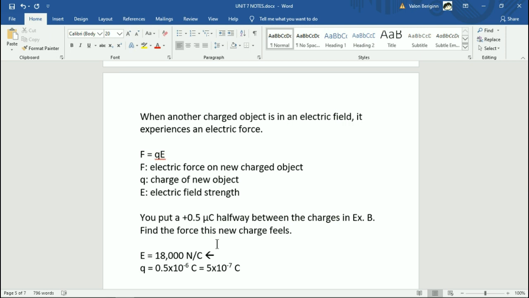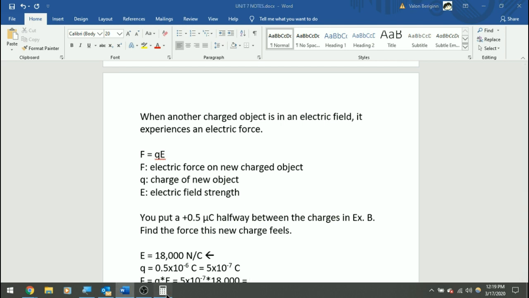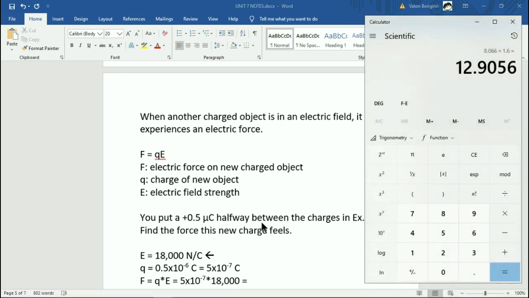The force is therefore Q times E, so 5 times 10 to the negative 7 times 18,000. I don't need the units yet. So what math is that? We have 5 times 10 to the negative 7 times 18,000, which is 0.009.